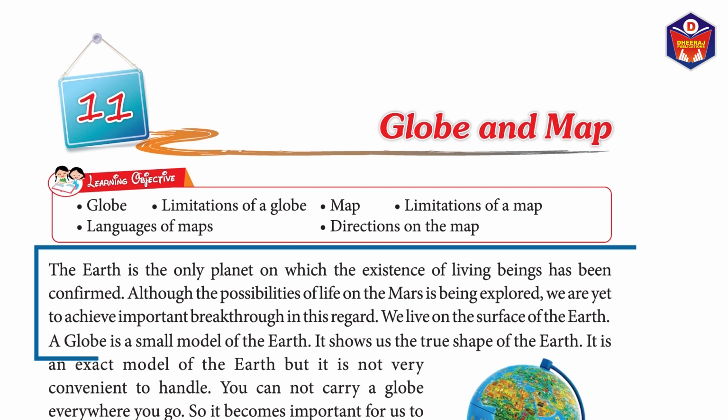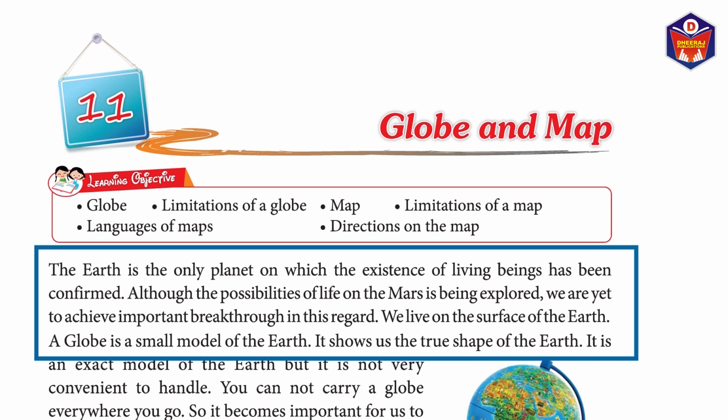The Earth is the only planet on which the existence of living beings has been confirmed. Although the possibilities of life on Mars are being explored, we are yet to achieve an important breakthrough in this regard. We live on the surface of the Earth. A globe is a small model of the Earth.